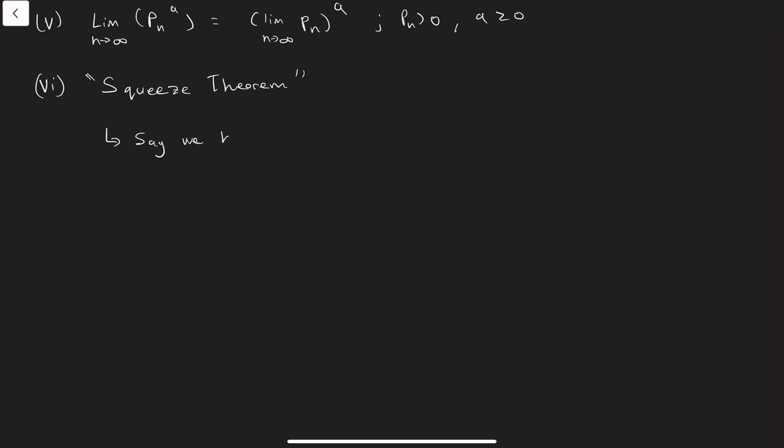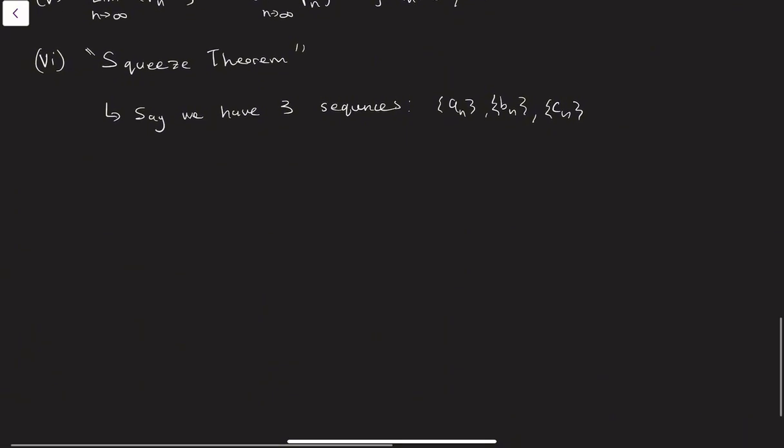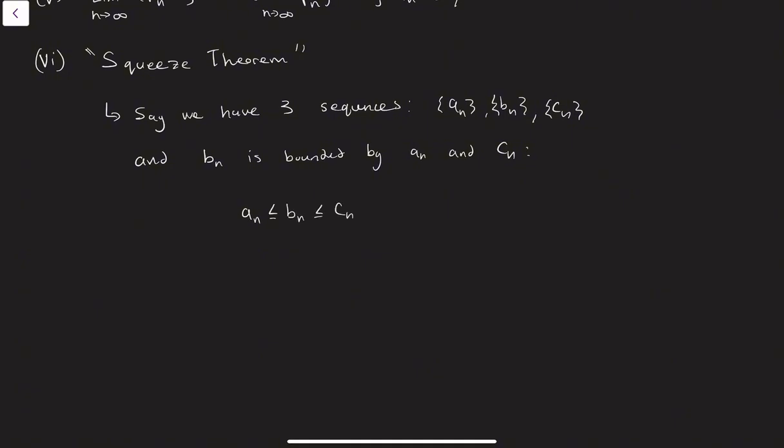Well, the squeeze theorem says, say we have three sequences, and those sequences are going to be a_n, b_n, and c_n. And b_n is bounded by a_n and c_n. So that kind of looks like a_n here, and we'll have b_n here, and we'll have c_n here.